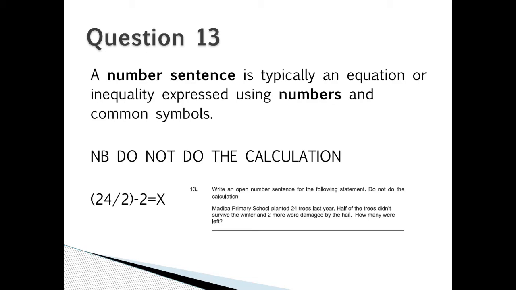It's important to not do the calculation as instructed. The open number sentence is therefore the 24 trees that were planted last year divided by 2 for the ones that didn't make it through winter. Those will be in brackets, minus the additional 2 that were damaged by the hail, which will equal X, the number of items that are left.